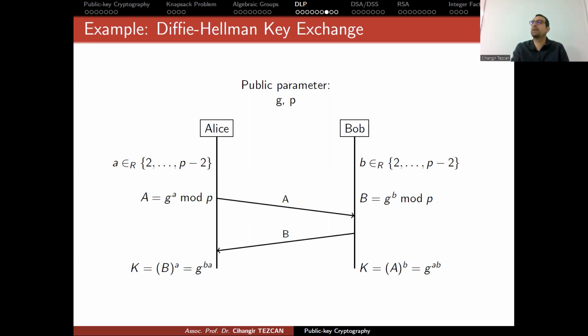So if you can solve this in a very fast way, then you can capture small a. If you capture small a, then the attacker captured the secret key, because they also know B and they captured a. By taking the a-th power of B, they also calculate the secret value. So this way, they also capture the secret key. Okay, the whole security here depends on the hardness or intractability of the discrete logarithm problem.